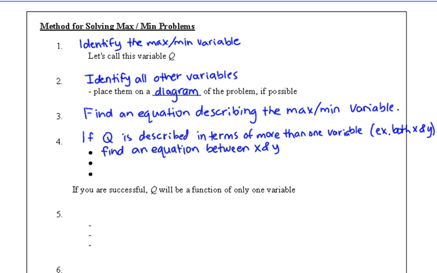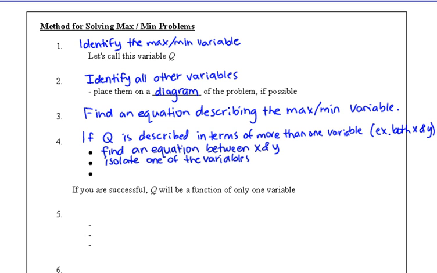Isolate one of the variables. There's got to be some relationship between x and y; they'll have to give you some information. So if we were doing q squared equals x squared plus y squared, they also told us that x is 2 times y. Okay, twice the size of y.